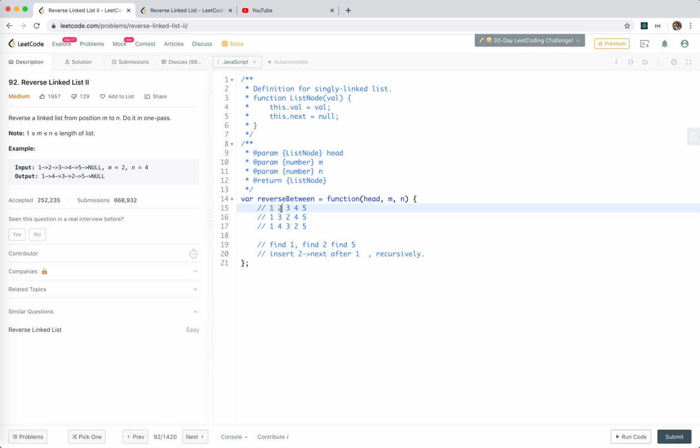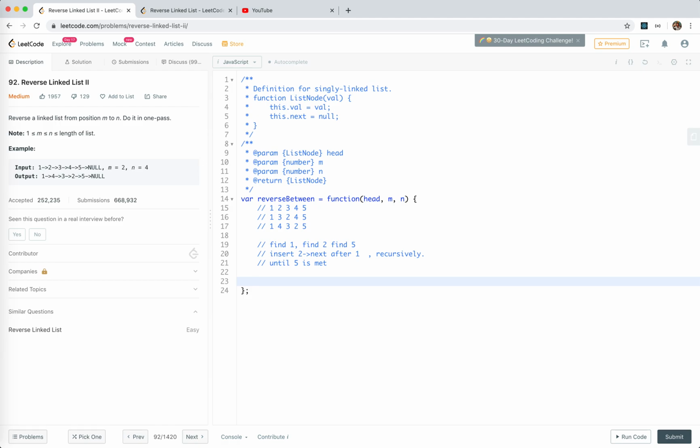We find 1, we find 2, we find 5 until 5 is met. The next one of 2 is 3, so we insert it after 1. And then the next one is 4, insert after 1. And the next of 2 is 5, so we stop. Okay, so the problem becomes clear.